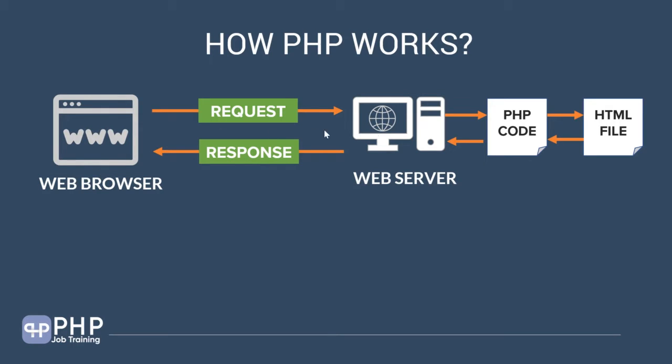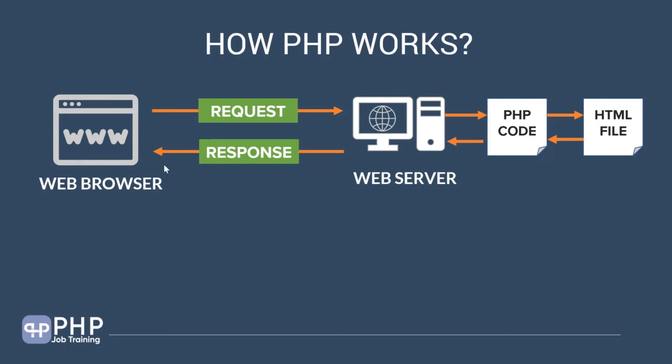So web browser is requesting for that PHP code. It will send the request to the web server. The web server will execute this PHP code, generate the HTML file, whatever the content of the file is, and then that content is pushed back as a response to the web browser. We haven't discussed the file names and all those things, but the web browser only understands HTML. It doesn't understand what PHP is.